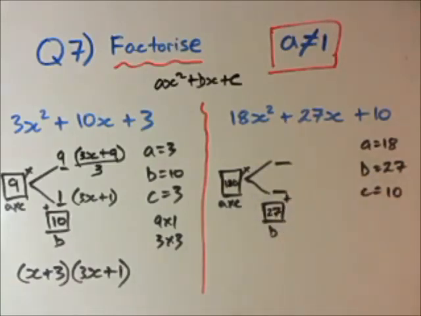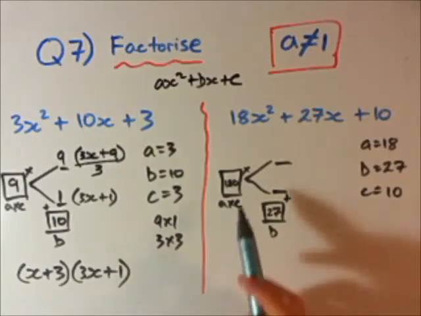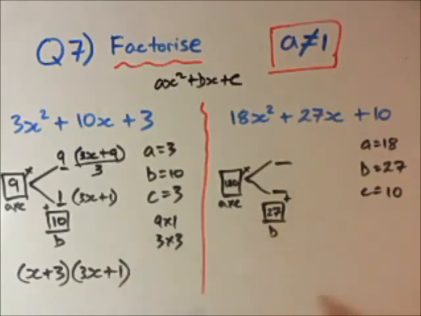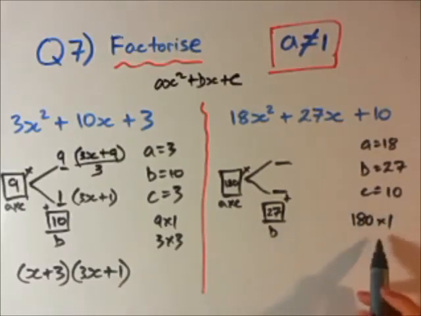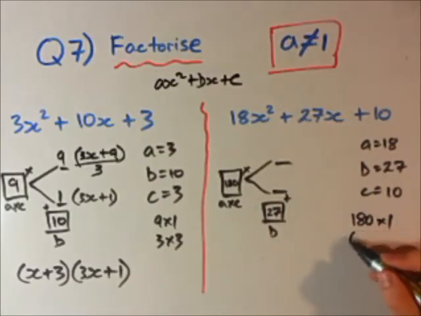Okay, so thinking caps on. I need 2 numbers which times to give 180 and add to give 27. So how would I go about doing this? I'd probably write out the numbers which times together to give 180. So 180 times 1. Well, that's not going to be right, because adding those numbers will get 181. 60 times 3 won't work either.